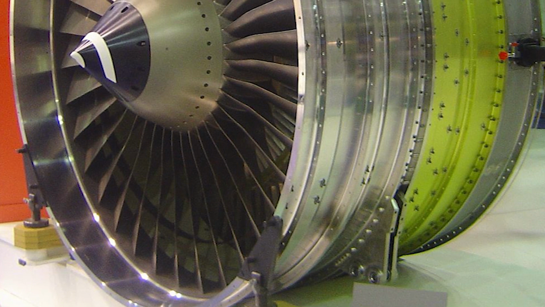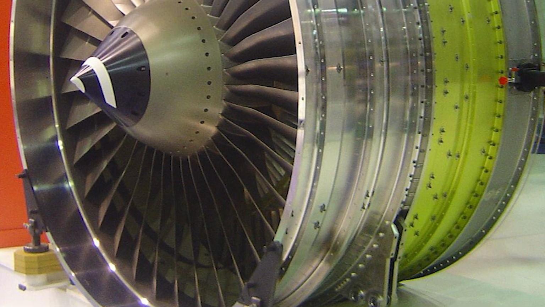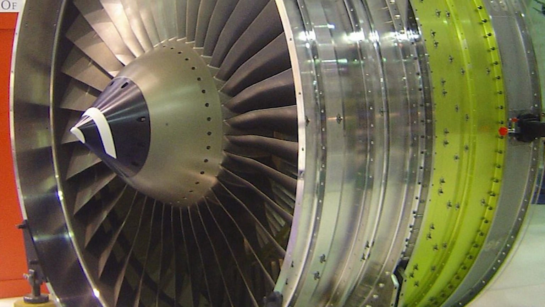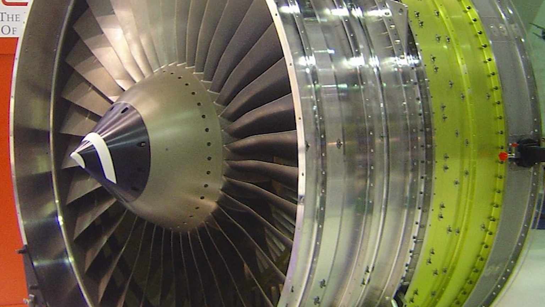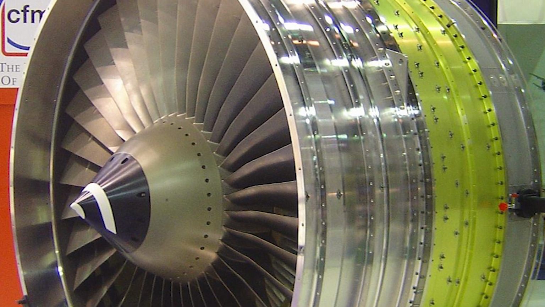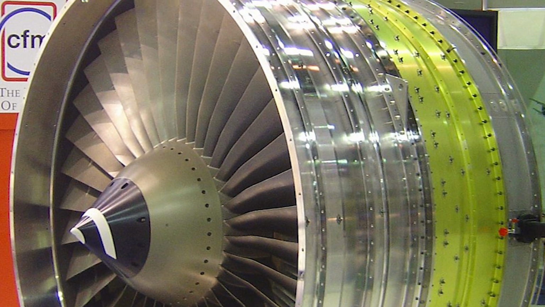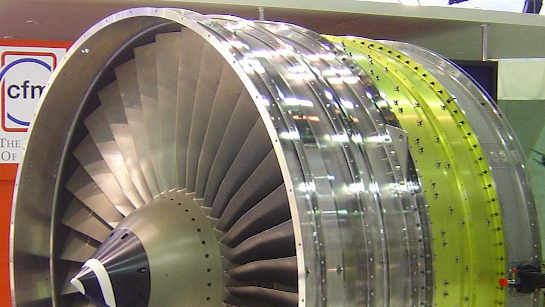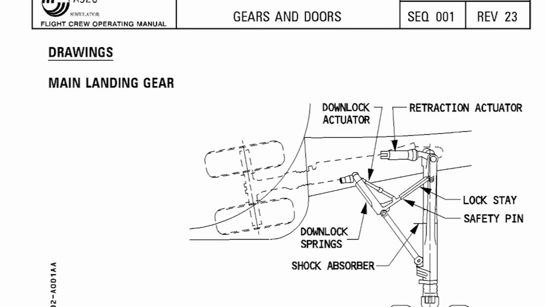These are the blades of the CFM 56 turbine jet engine. If the engine is rotating while the aircraft crashes, these blades get broken up. But in the case of PK-8303, both the blades were found intact.